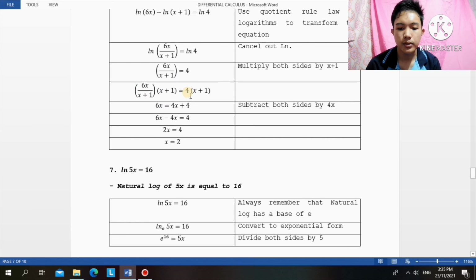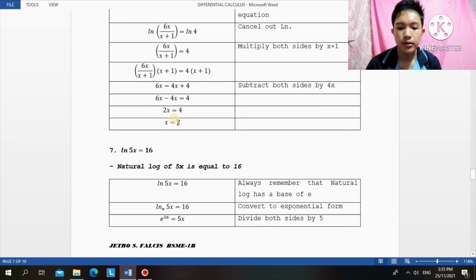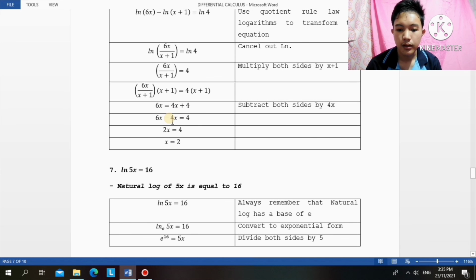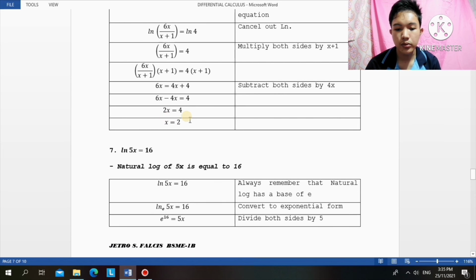Then 4 times x plus 1 is equal to 4x plus 4. So our equation will be 6x is equal to 4x plus 4. Then subtract 4x from both sides. Our equation will be 6x minus 4x is equal to 4. So 6x minus 4x is equal to 2x. Then divide both sides by 2. So the value of x is equal to 2.